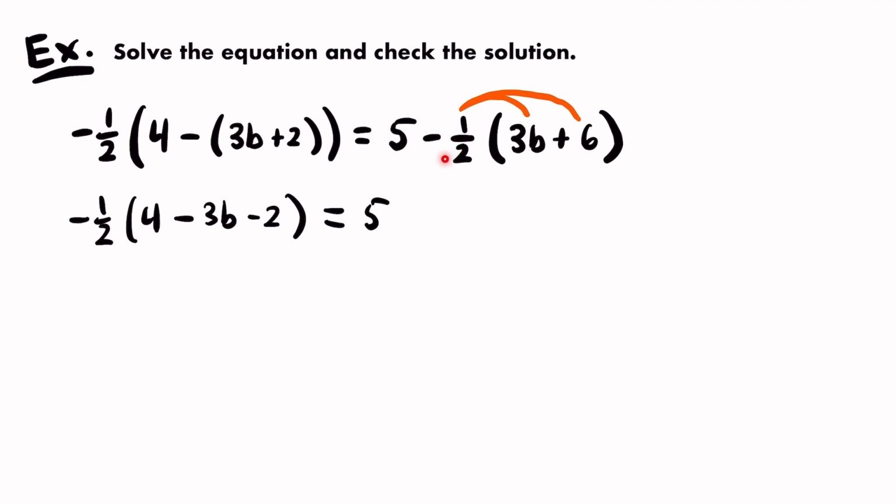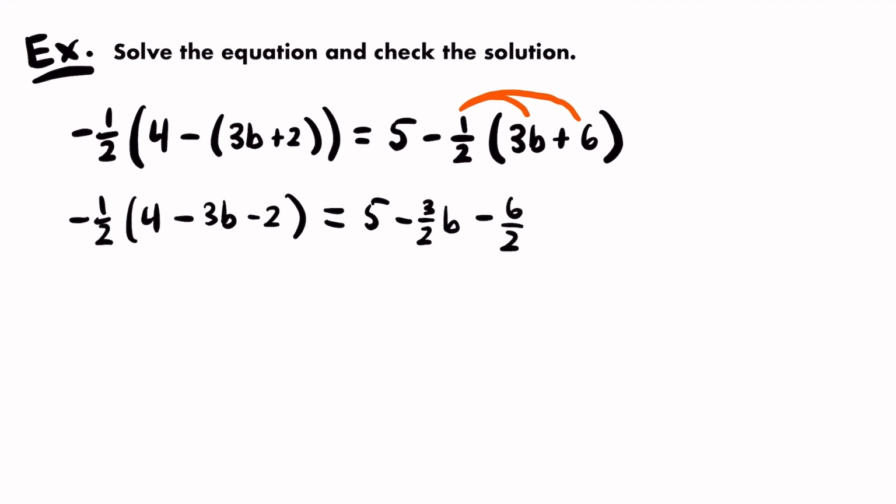If you multiply -1/2 by 3b, you want to multiply the two constants, and 3 times -1/2, just multiply that 3 into the numerator. 3 times 1 is 3, so you'll get minus 3/2, and then keep that same variable part of b. And then -1/2 times 6, you can multiply 6 into the numerator, and you'll get minus 6/2.